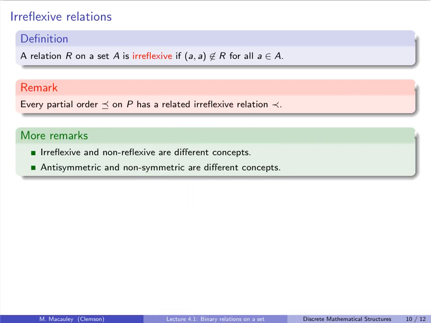Similarly, antisymmetry and non-symmetry are different concepts. So antisymmetry means that anytime you have an edge A to B, then there does not exist an edge from B to A. And then non-symmetry just says that there is at least one edge A to B, such that the backwards edge does not exist. There could certainly be other things, C and D. I didn't draw this very well, but you get the idea, that are bidirectional.